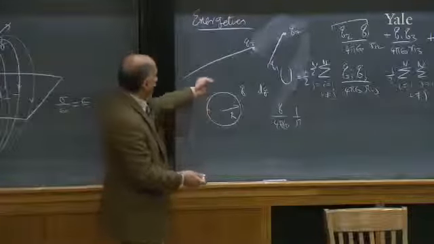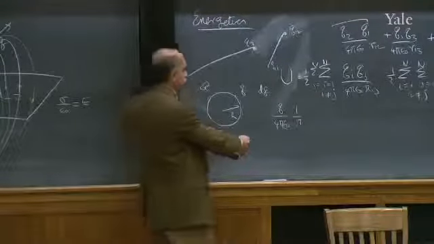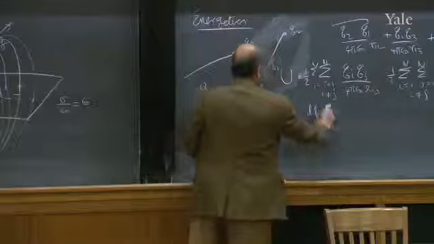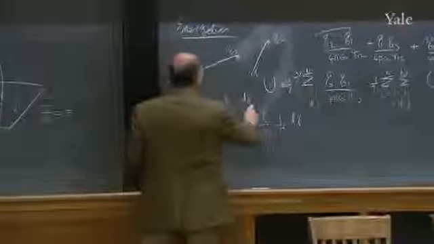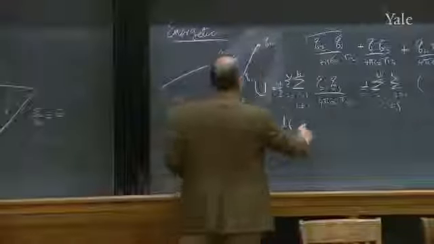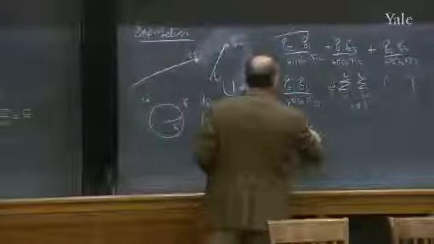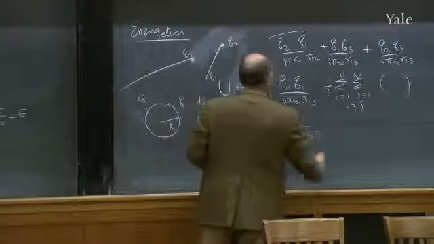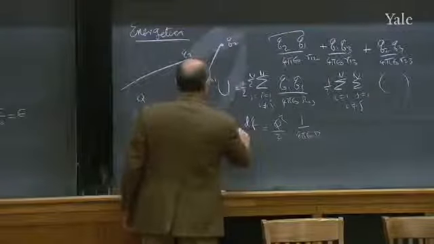And I'm trying to bring in a tiny more dq from all sides and smear it on this. The work for that will be that times dq. Then the total work I do when I go all the way from 0 to capital Q will be Q squared over 2 times 1 over 4 pi epsilon 0 R. Sorry, capital R.